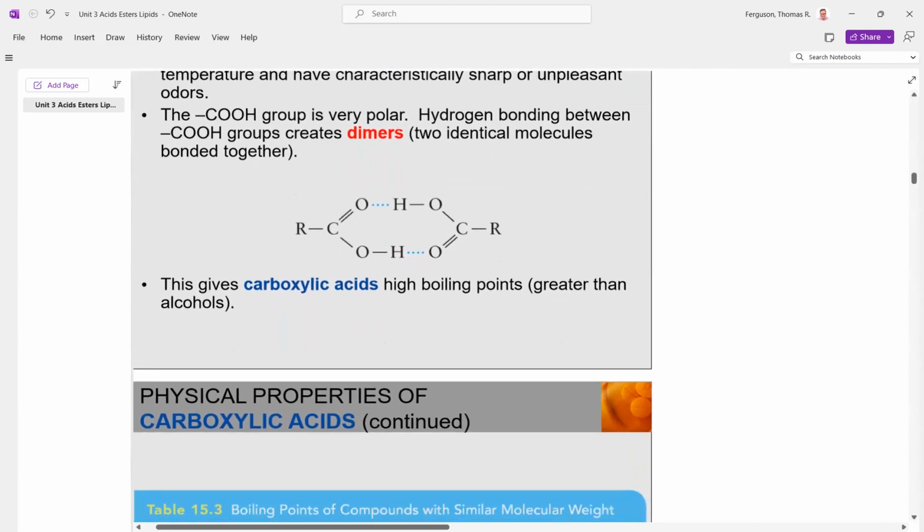Frequently, if you just have a liquid carboxylic acid, like 100% acetic acid, they end up forming something called a dimer, which is what this is here.